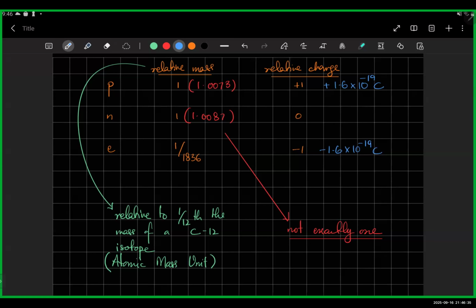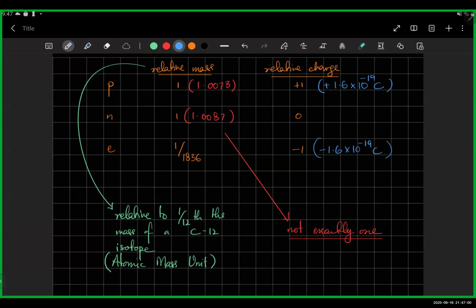Okay, so the only thing that plus one and minus one means is that whatever the charge on a proton, the electron is going to have exactly the same charge, but exactly the opposite. But you have to remember that the actual charge is plus 1.6 times 10 power minus 19 coulombs, and minus 1.6 times 10 power minus 19 coulombs.